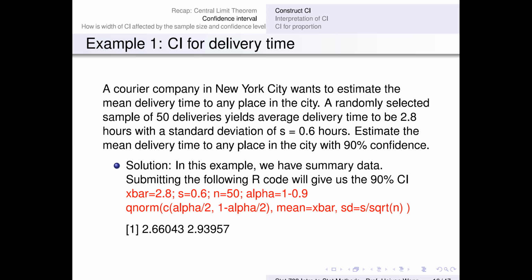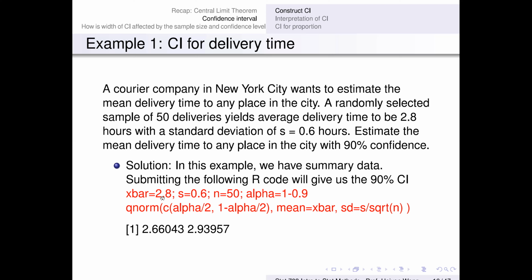We want to estimate the mean delivery time to any place in the city with 90% confidence. So this one is asking for a 90% confidence interval, and we have summary data. As we have learned, we can simply use qnorm with the two proportions and use x bar as the mean and s over square root of n as the standard deviation.